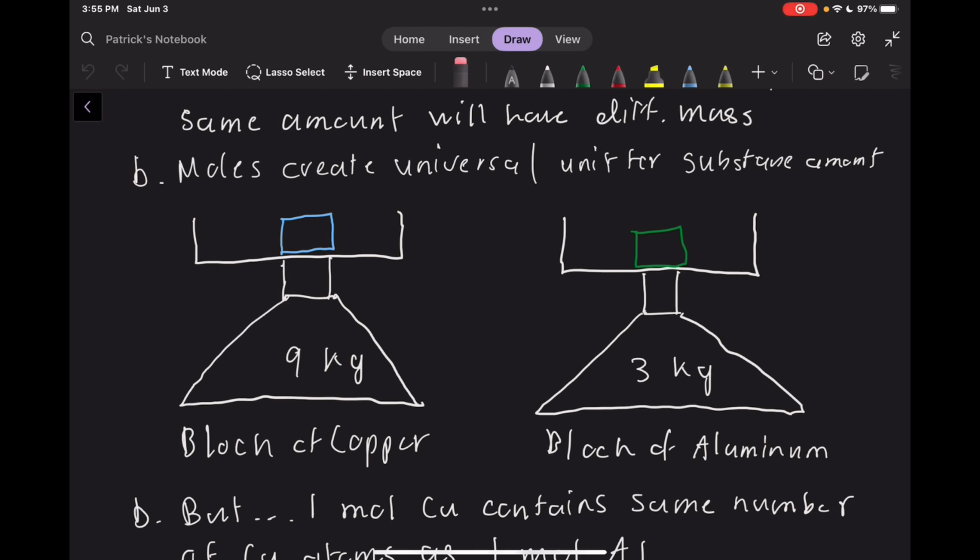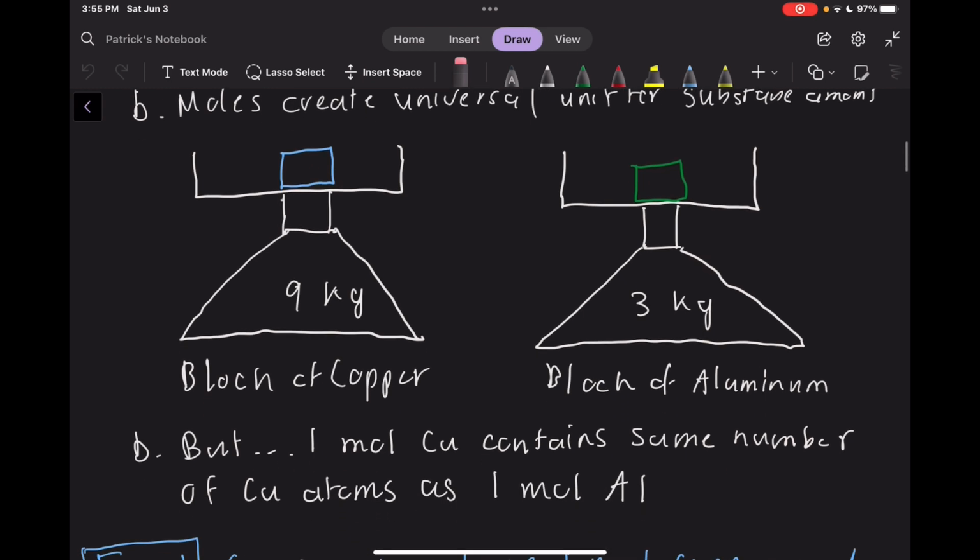In other words, there are more copper atoms packed together in this small block than there are aluminum atoms packed together in this other small block. 1 mole of copper, however, will always contain 6.022 e to the 23rd copper atoms, and 1 mole of aluminum will also always contain 6.022 e to the 23rd aluminum atoms.